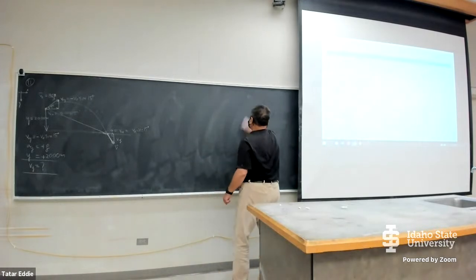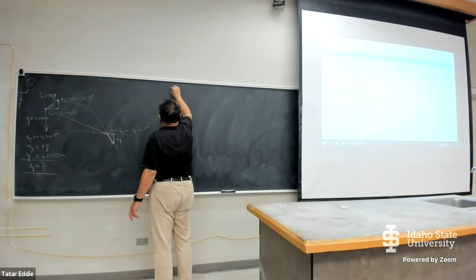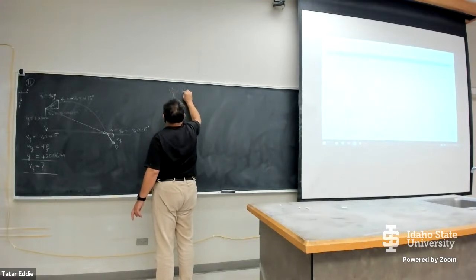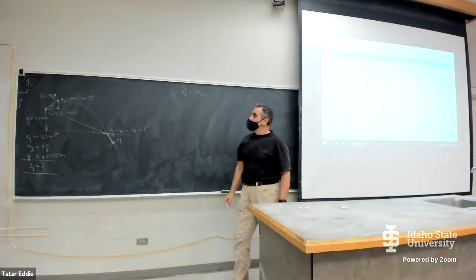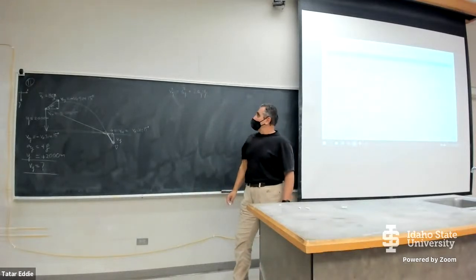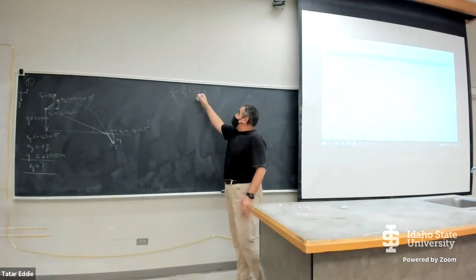So it looks like this: final velocity y component squared is equal to initial velocity y component squared plus 2 times acceleration y component multiplied by displacement y component. And well, here everything is given. I just have to calculate it.